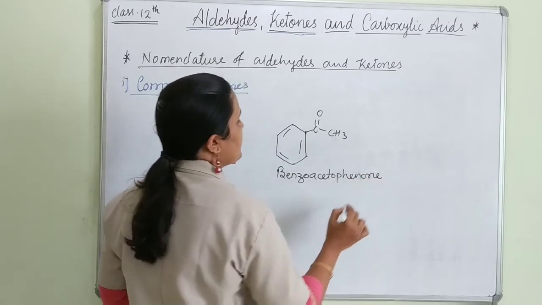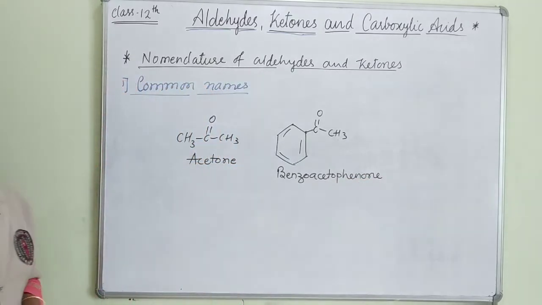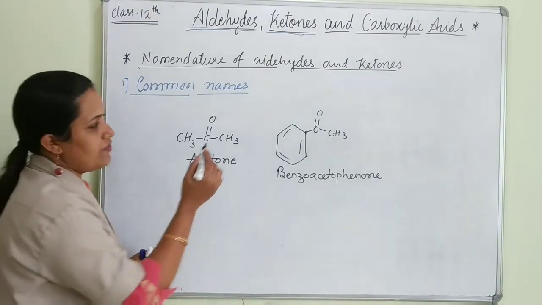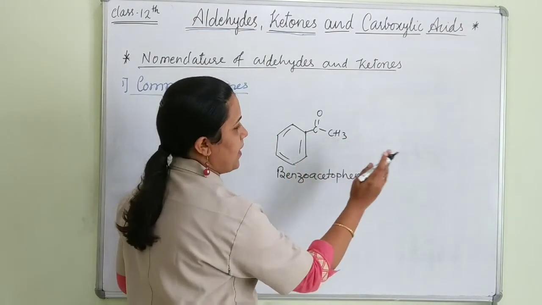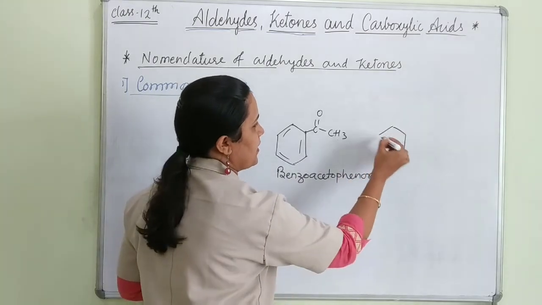This will be benzoacetophenone. So a ketone's name can be written in this way. Now if this chain gets expanded or increased, let me take another example.